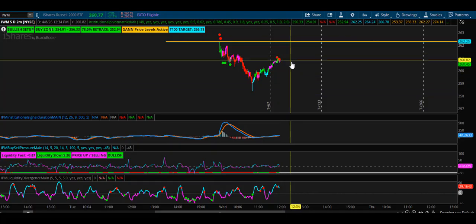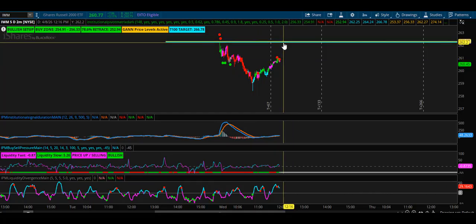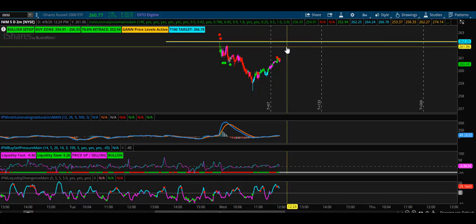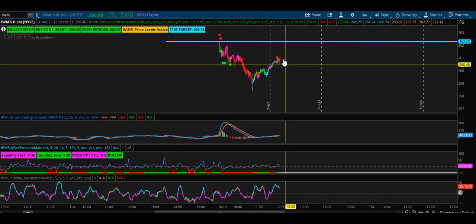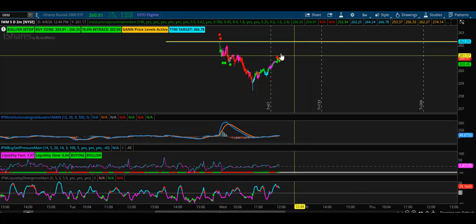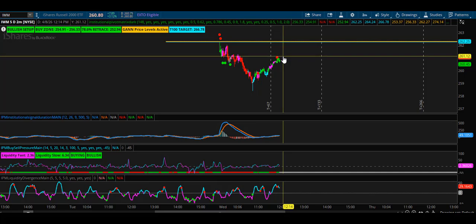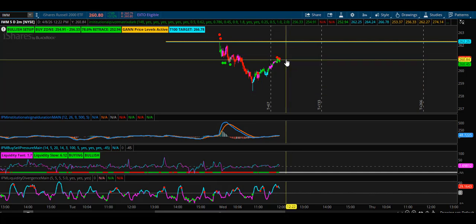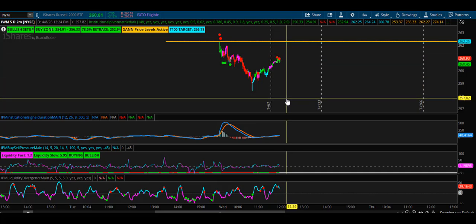But if it heads higher, which I wanted to do, then we're going to make it on both the 260 as well as the 261 calls that we have. So my gut is I want it higher, but I'm going to let the institutions tell us what to do. And if I start seeing a lot more selling, I'm just going to take the 260 calls off and run with the puts. And if we head down, then we make money on that end of it.